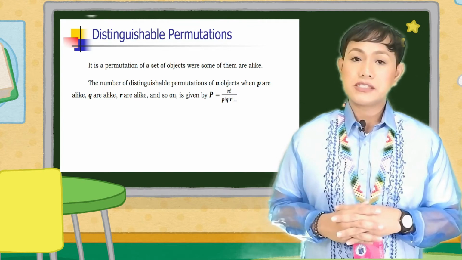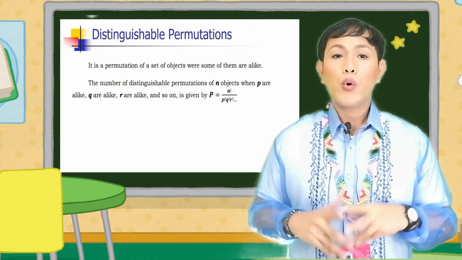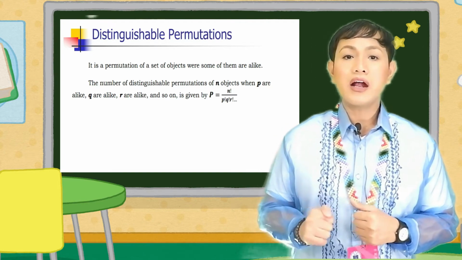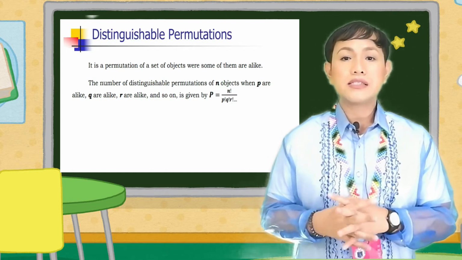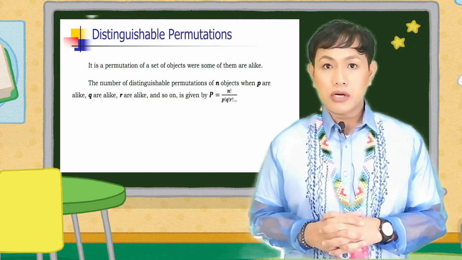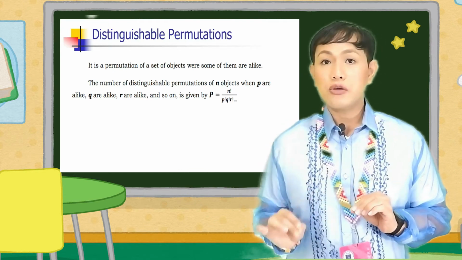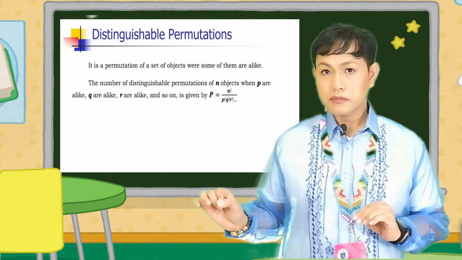The number of distinguishable permutations of n objects when p are alike, q are alike, r are alike, and so on is given by P is equal to n factorial all over p factorial times q factorial times r factorial, and so on.